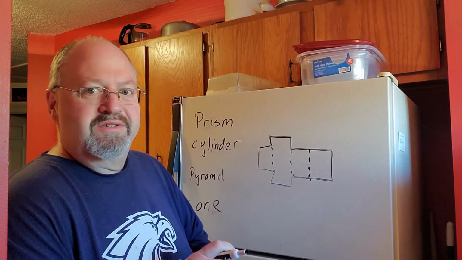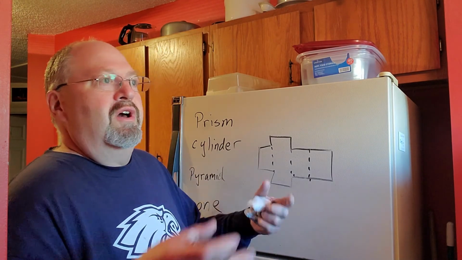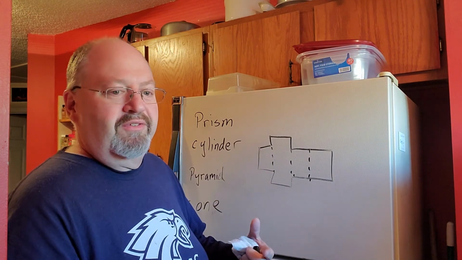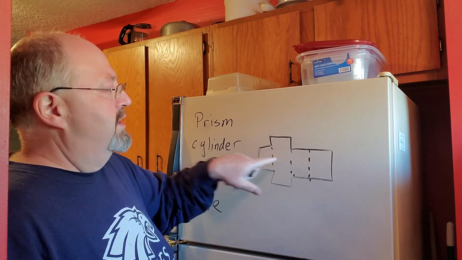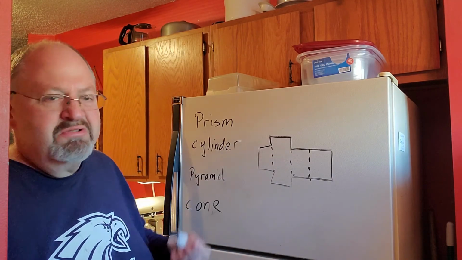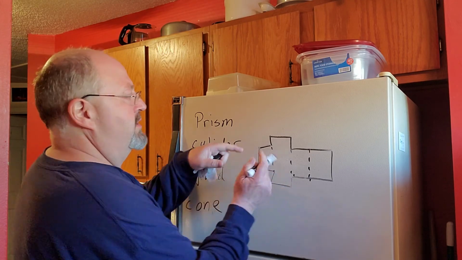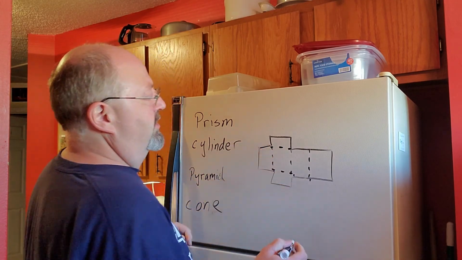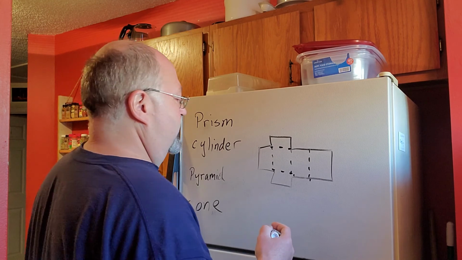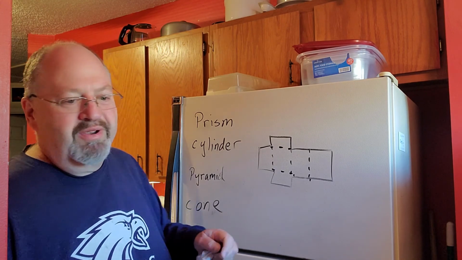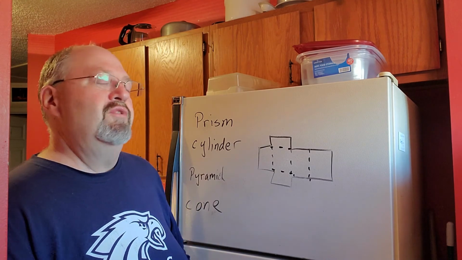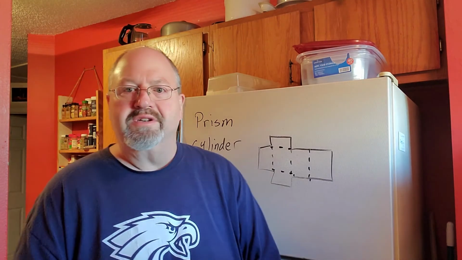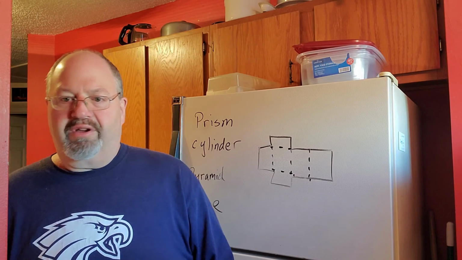A net is just the shape that you get if you cut along a bunch of the edges and fold it out flat. So what shape would this be? Yeah, rectangular prism. You fold along all the dotted lines, and you get that. They're going to give you pictures of nets and ask you what shape it is, or have you figure out what shape the net would look like for a given figure.